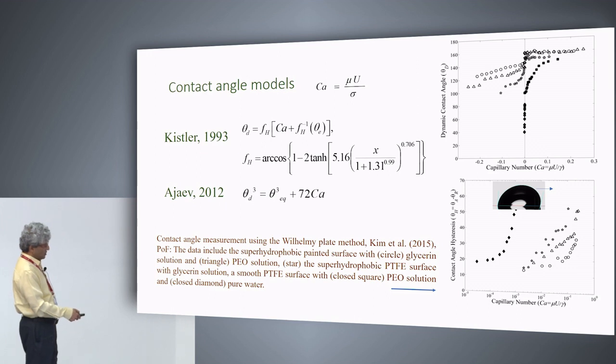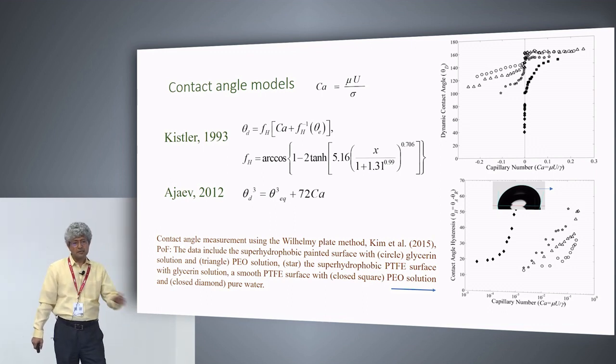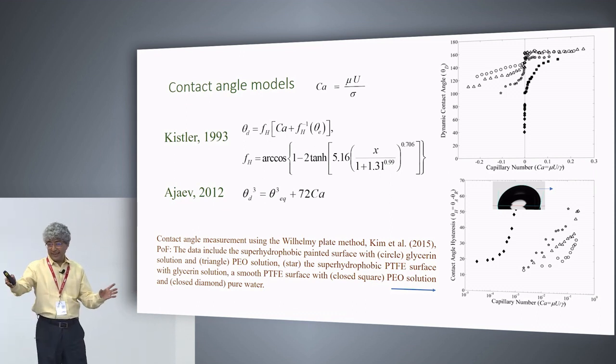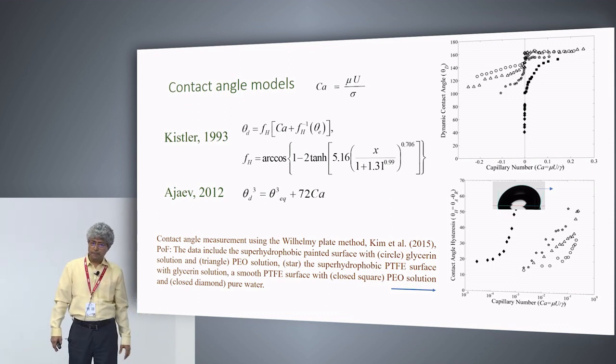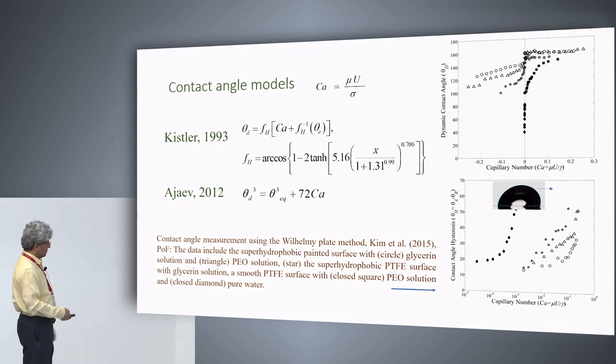So this is a picture of hysteresis. This hysteresis is generally defined as advancing minus receding angles when the drop is on an incline. There are alternatives to it, but that's one typical definition.